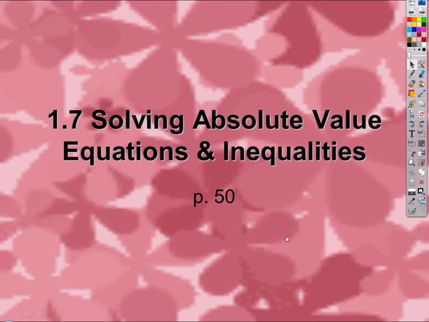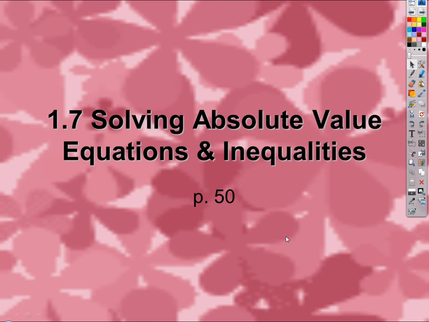Okay, so let's take a look at absolute value stuff. We're gonna take the stuff that we did in 1-6. Remember we talked about 1-6 on Thursday, and that was solving inequalities.